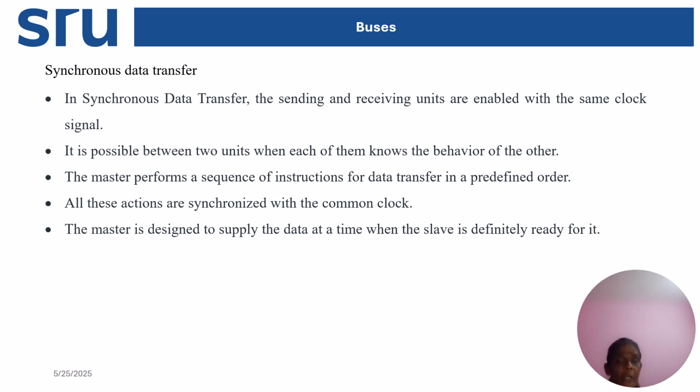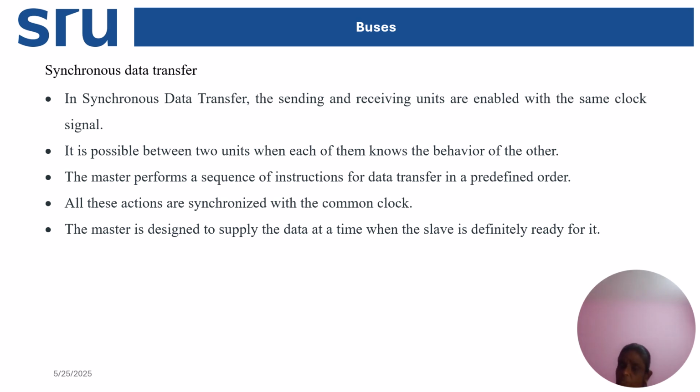So number one is synchronous data transfer. Synchronous, by the name itself we know that the device sending the data and the device receiving the data, both should operate in synchronization with one another.